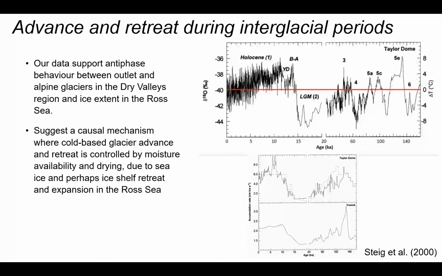Now, this hypothesis is speculative and does require further testing of temperature and atmospheric circulation in response to sea ice and Ross ice shelf retreat, but certainly interesting where we've got these increases in precipitation. Here's Taylor Dome here, increases in precipitation.